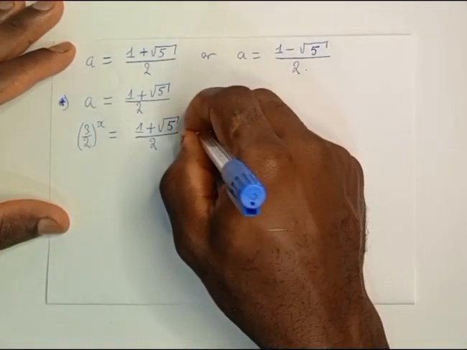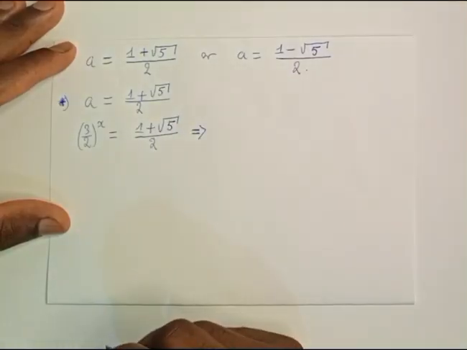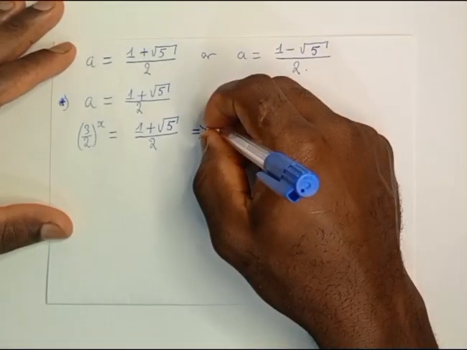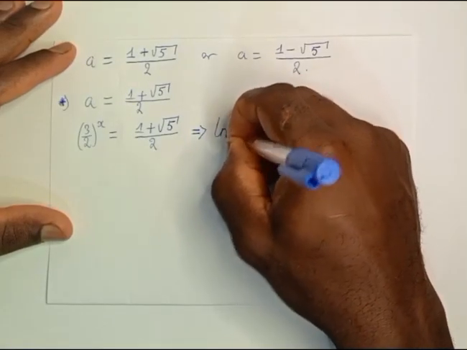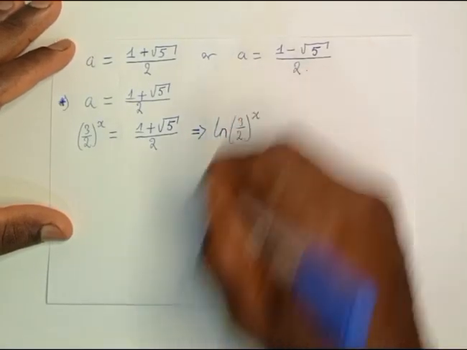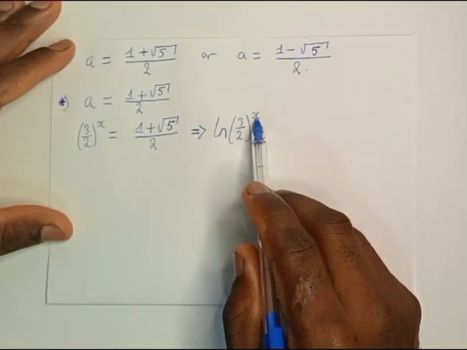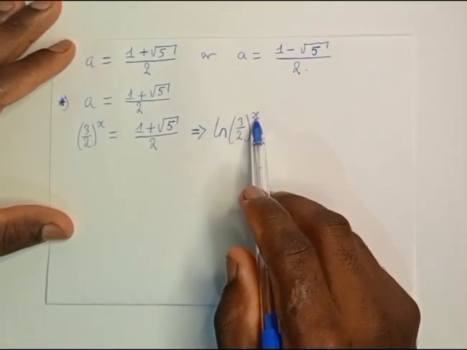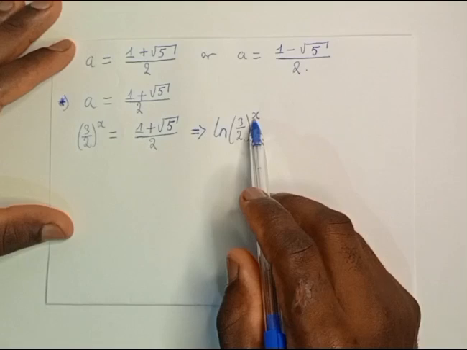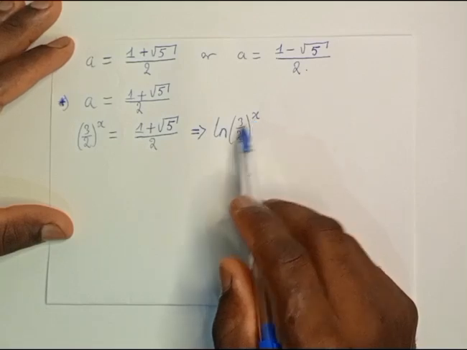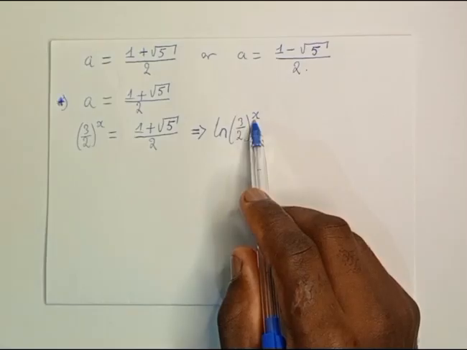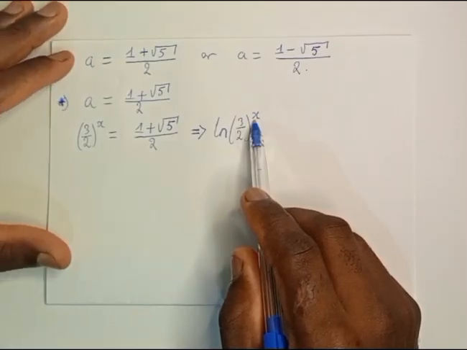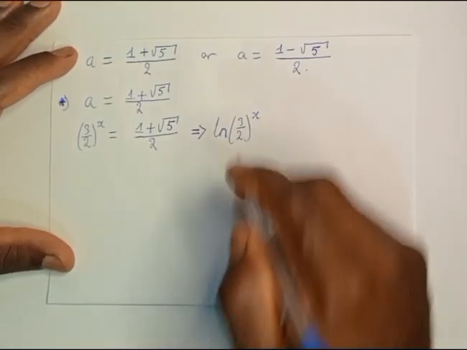Then, if we take ln on both sides, the ln of 3 over 2 all raised to the power x. The reason why we are taking ln on both sides is simply because we want to bring down this power x. And the only way we can bring it down is by taking ln, or we take log to a given base at the left hand side and at the right hand side.